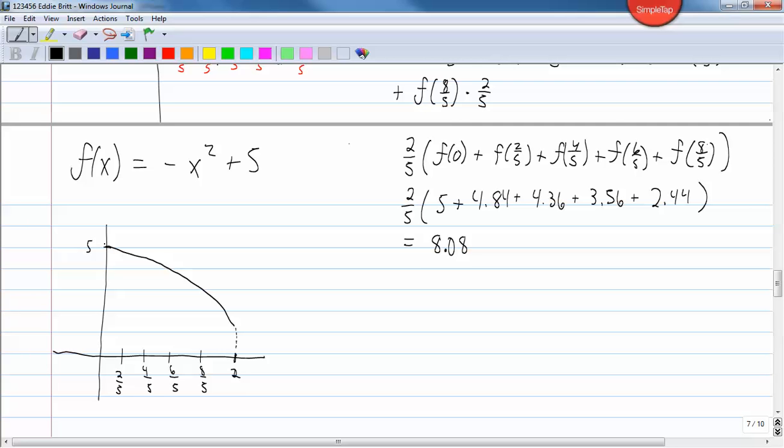Now I did this one with left endpoints, meaning I started on the left side, the far left, getting my values, or getting my height. Now what if I start with using the right endpoint?